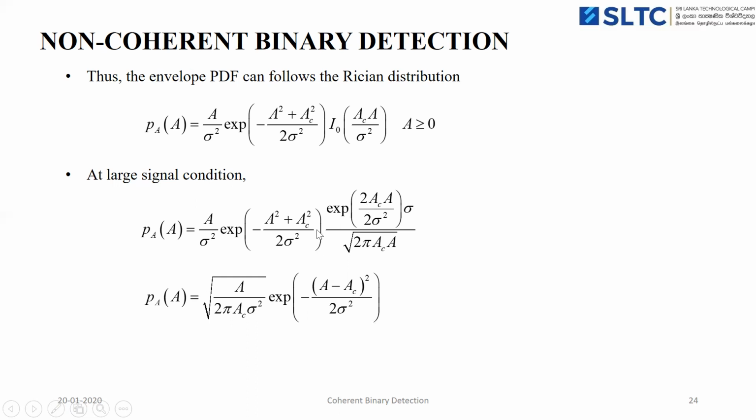Combining these two forms the A minus B whole squared formula, and in the denominator 2 sigma squared. Here 1 by root 2 pi AC A, and A is also there, so A will be cancelled. So square root of A by 2 pi AC, and one sigma will be cancelled, and because it goes into the square bracket, it becomes sigma squared. This is the final expression for the envelope PDF of the received signal.